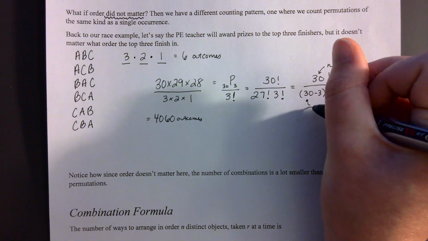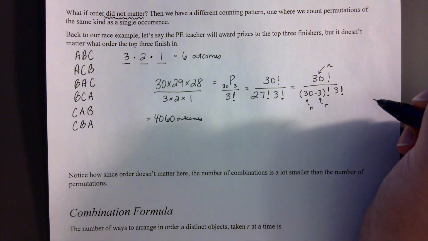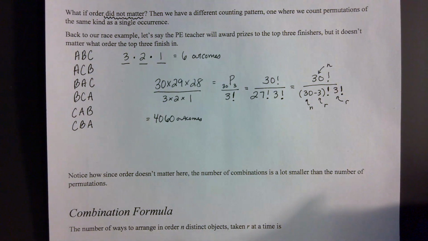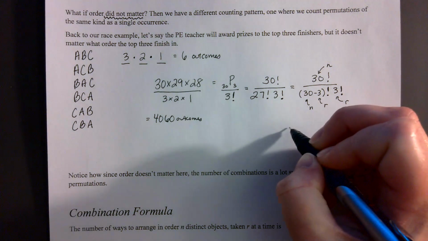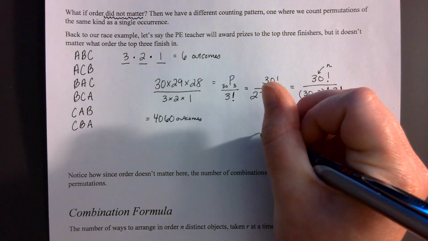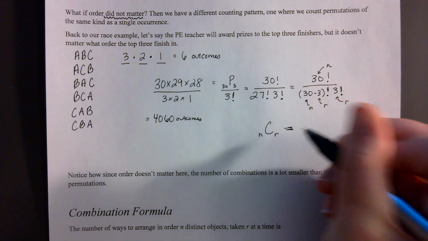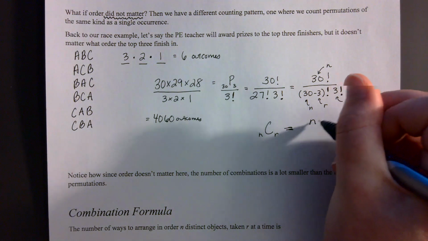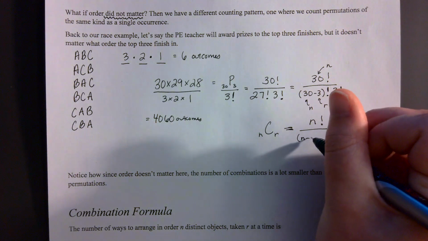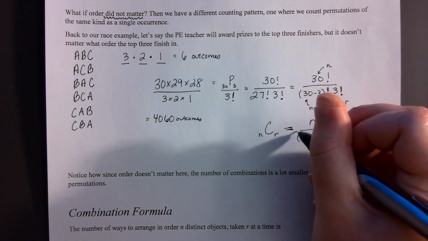Once again, we see 30 again where we have n, but 3 was the number of positions, which was r, and 3 here is also r. So when we're looking at the combination formula, I'm making a generalized combination formula of n choose r, we are going to have our n amount of objects divided by our n minus r factorial times our r factorial on our bottom.